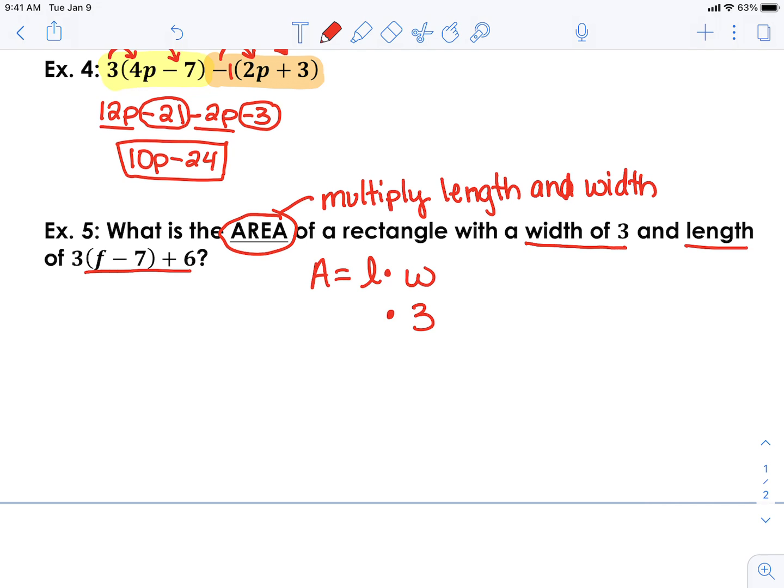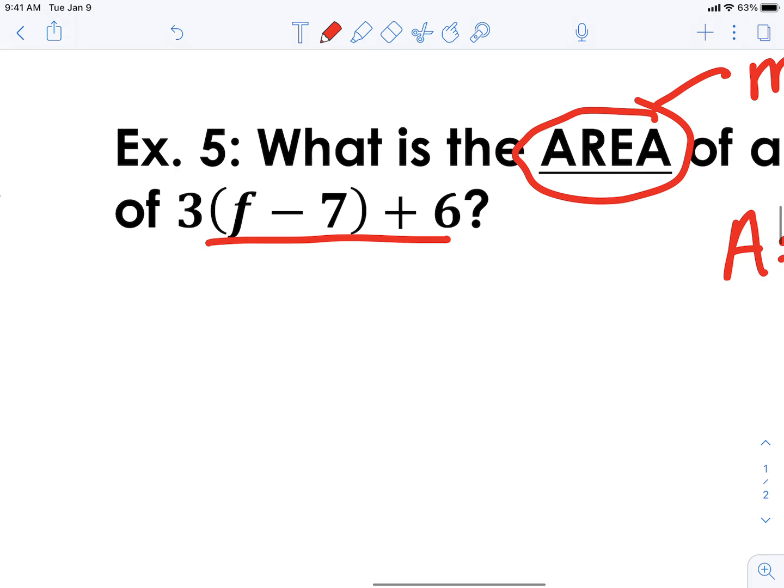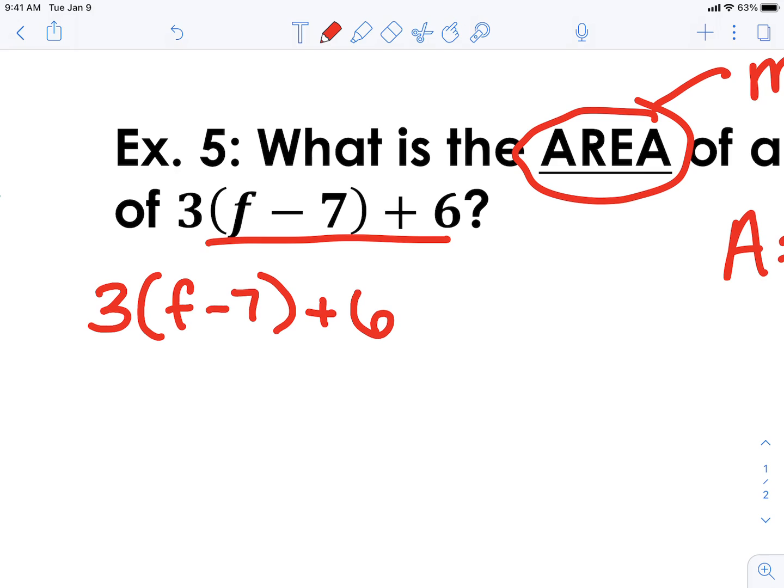So before I plug that into my area formula, I want to simplify this and come up with an equivalent expression. Okay, so I am going to rewrite it, and I'm going to distribute this 3 to the f minus 7. Again, it only goes to the f minus 7 because that's in the parentheses that's directly beside it.